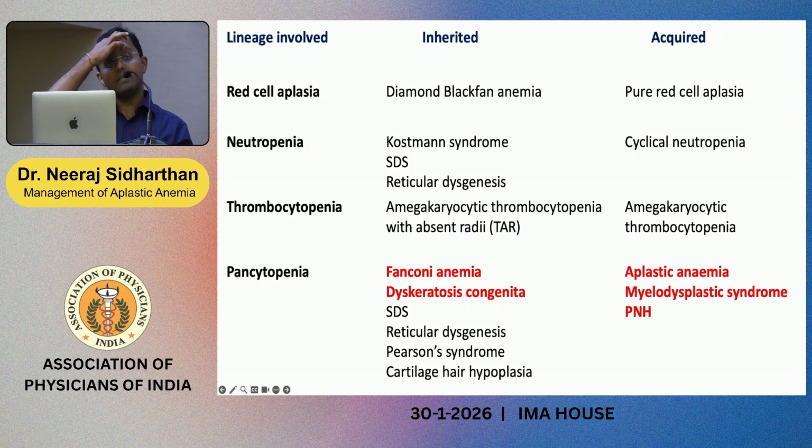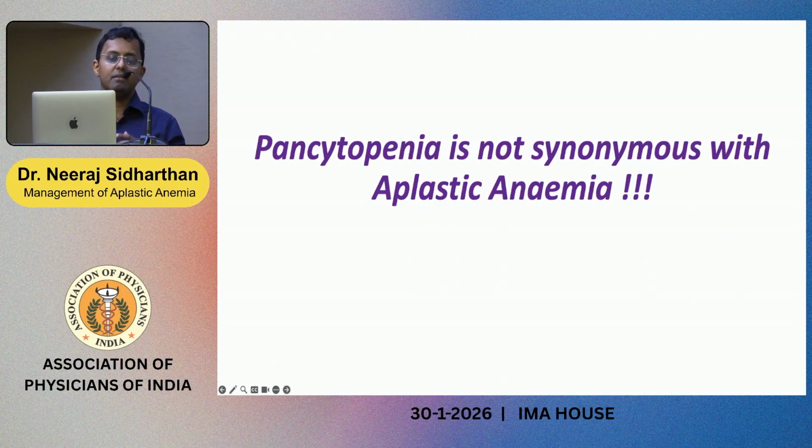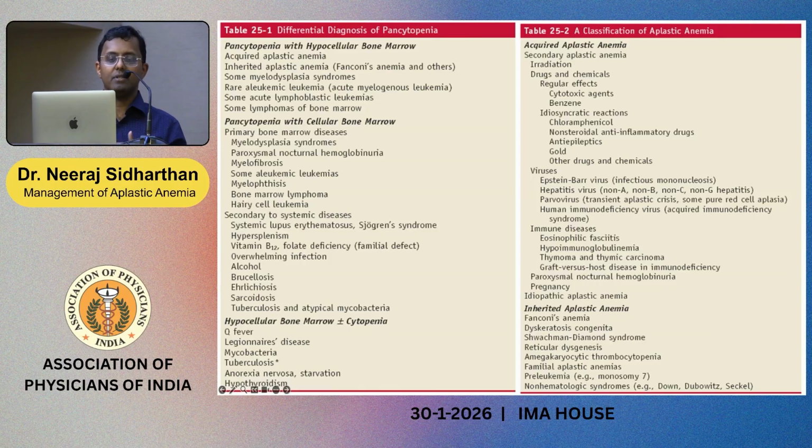In adult, aplastic anemia is very classical, but you could have people with myelodysplastic syndrome as well as paroxysmal nocturnal hemoglobinuria, otherwise abbreviated as PNH, presenting with pancytopenia. So in short, we say that pancytopenia is not aplastic anemia, and pancytopenia will have differential diagnosis.